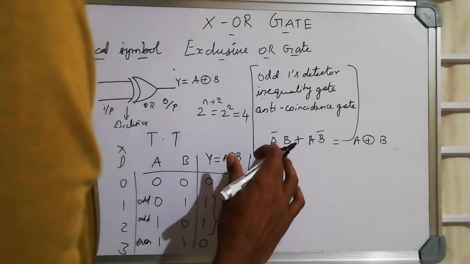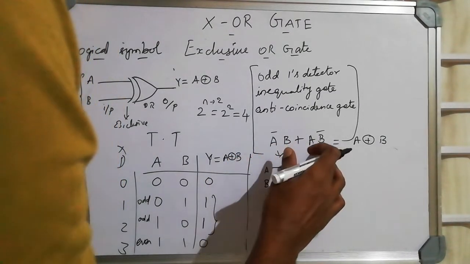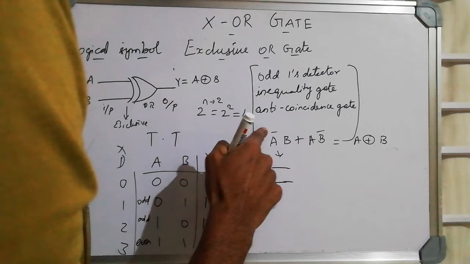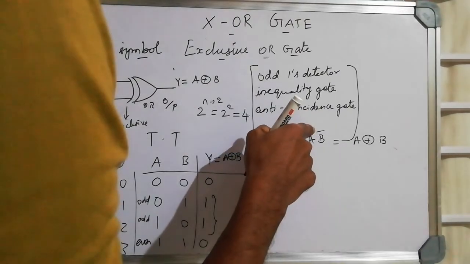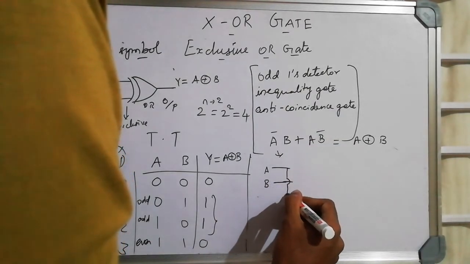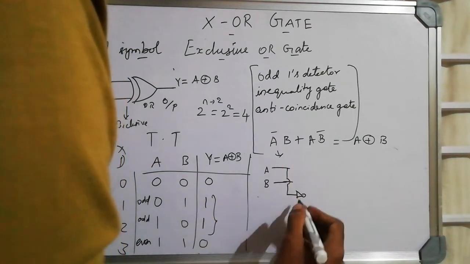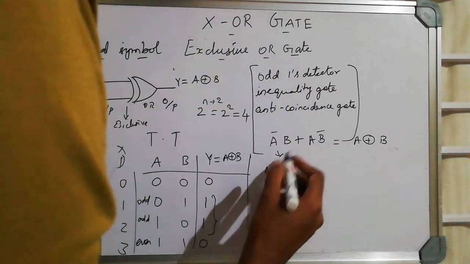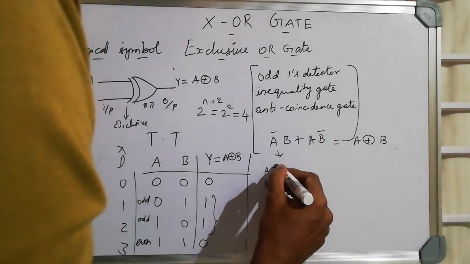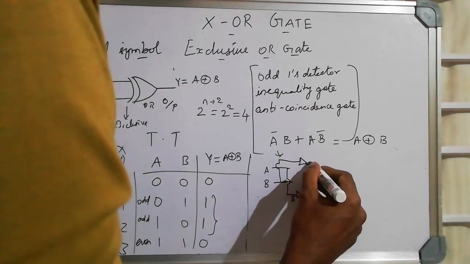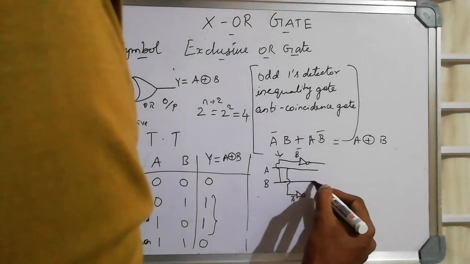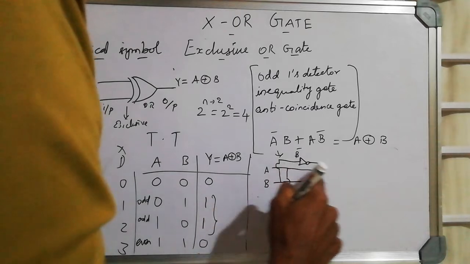We have two variables only, so two inputs, and here we have the complement of A and the complement of B. So I am taking one NOT gate here, this is A complement, and another NOT gate for B, this is B complement. Now this line is B and this line is A.